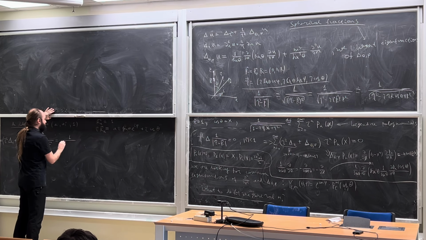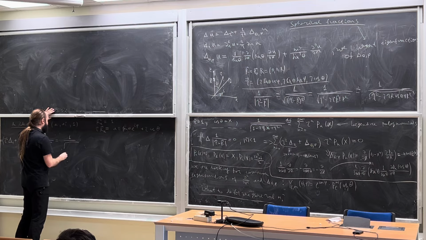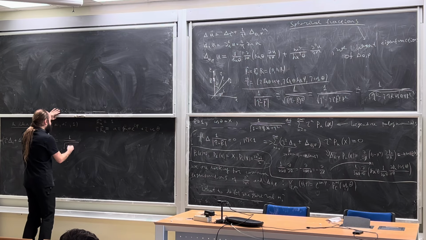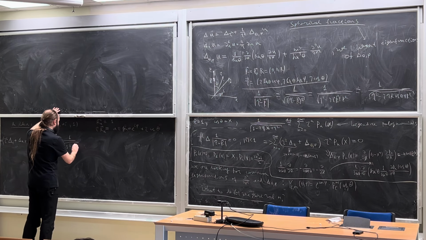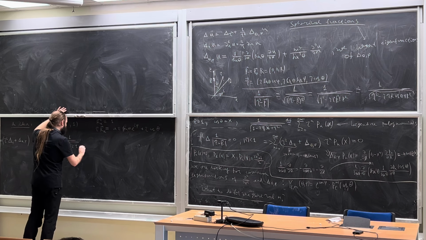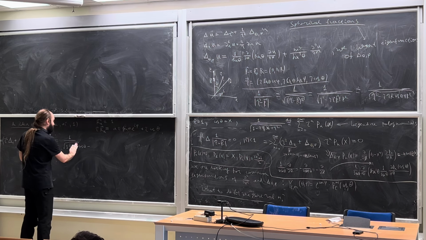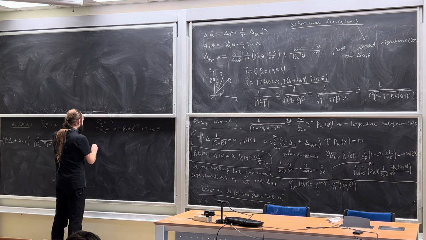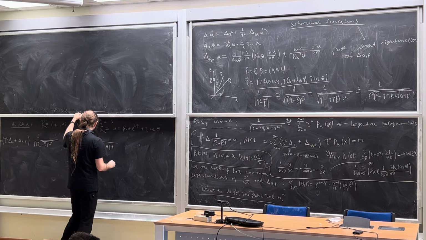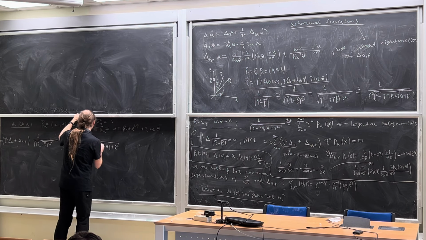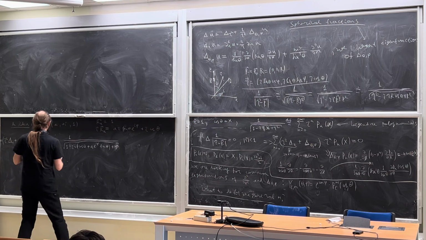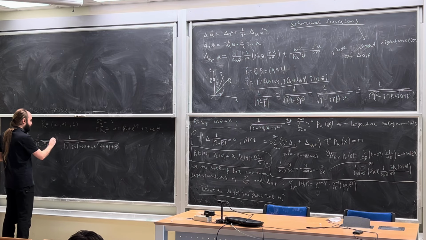So first we write that it is 1 over square root of 1 minus 2r cosine theta plus a e to the i phi sine theta, plus small r squared.